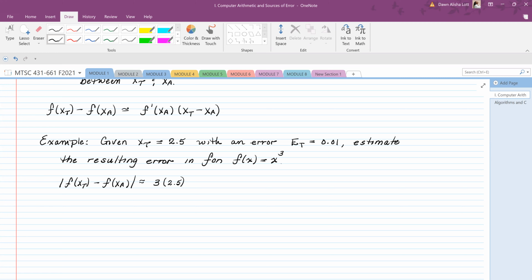I'm trying to think, where did I use x cubed? So the derivative, f prime of x, is 3x squared. Okay, let me check this calculation first on my calculator, because what I have in my notes is not agreeing with what's in my head. Okay, yep, this should be squared. I'm missing a squared in my notes.